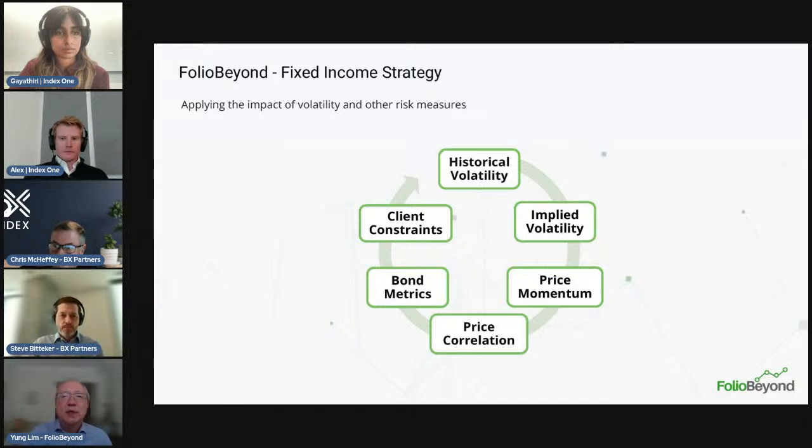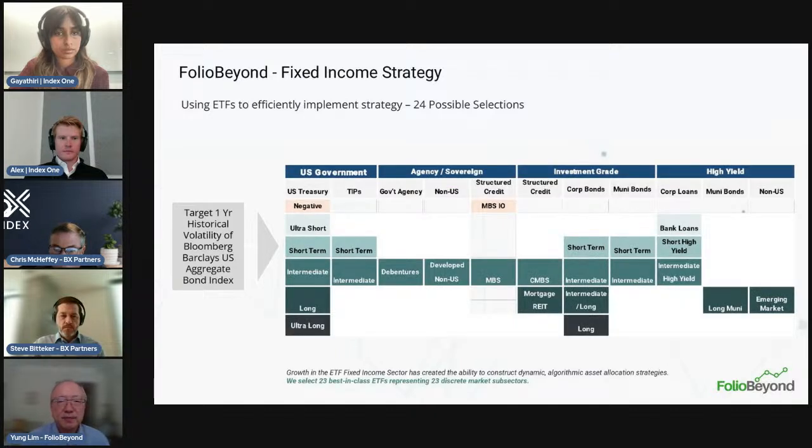So looking at the fixed income universe on the next slide, we look at the overall fixed income market based on duration exposure and product type. So from top to bottom, you have different duration instruments, starting with negative duration. MBS interest-only securities are one of the few instruments out there that actually provide negative duration, but current income at the same time.